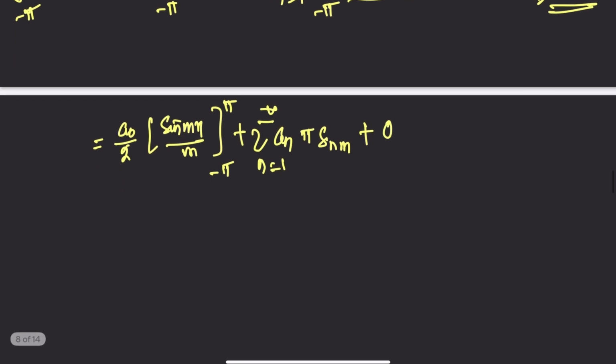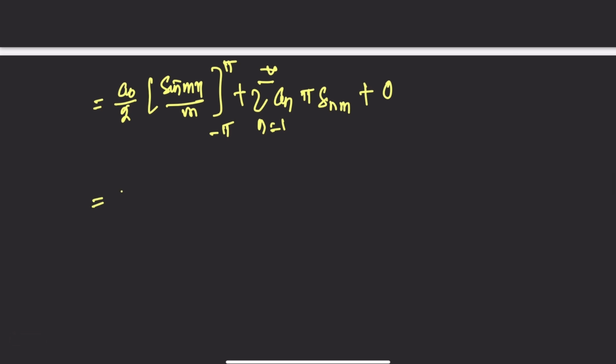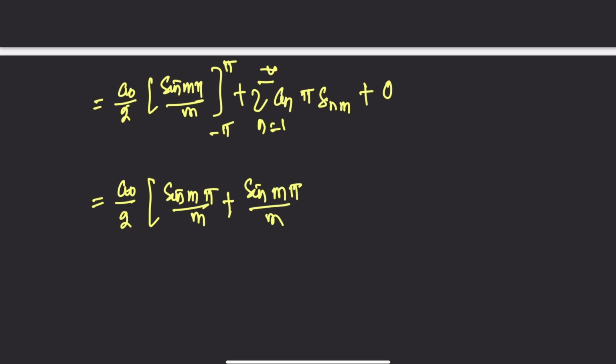Putting in the limits, we get a0 by 2 times sin m pi by m minus sine of minus m pi, which is nothing but minus sin m pi, so minus minus becomes plus sin m pi by m, plus summation n equals 1 to infinity an pi times Kronecker delta nm.